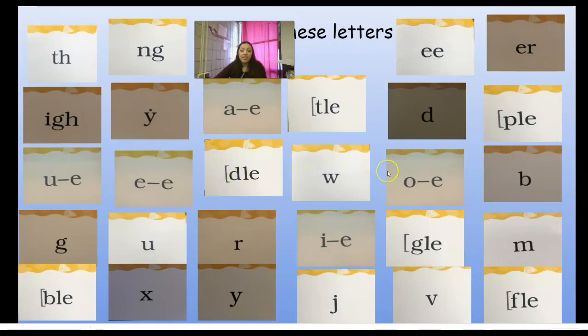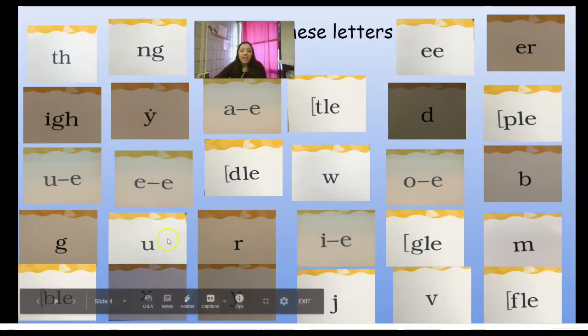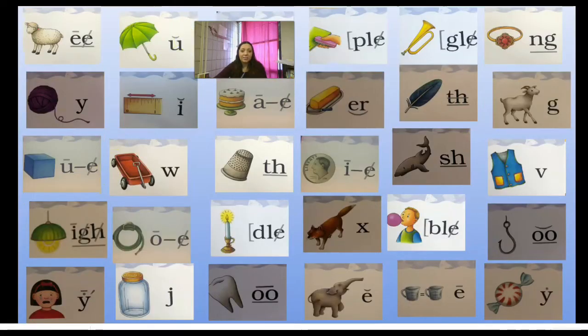W. O consonant E. B. G. U. R. I consonant E. Final syllable GLE. M. Final syllable BLE. X. Y. J. V. Final syllable FLE. Very good.